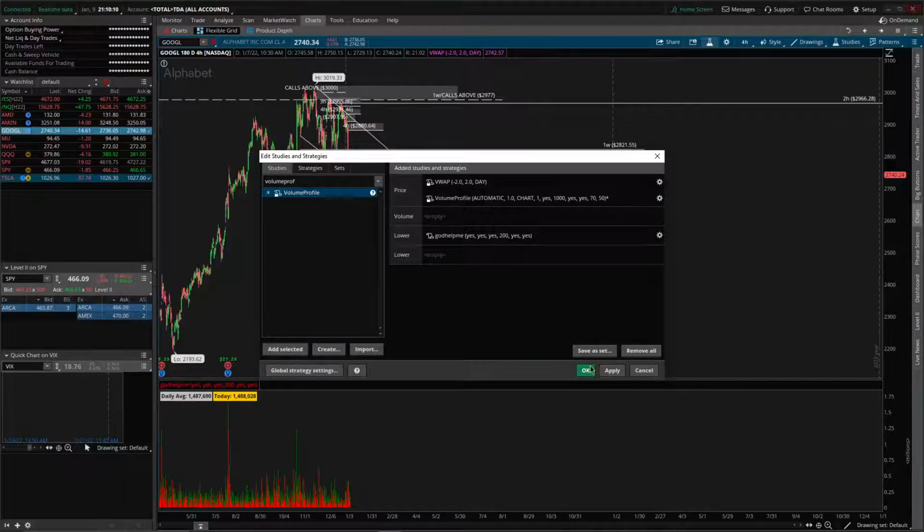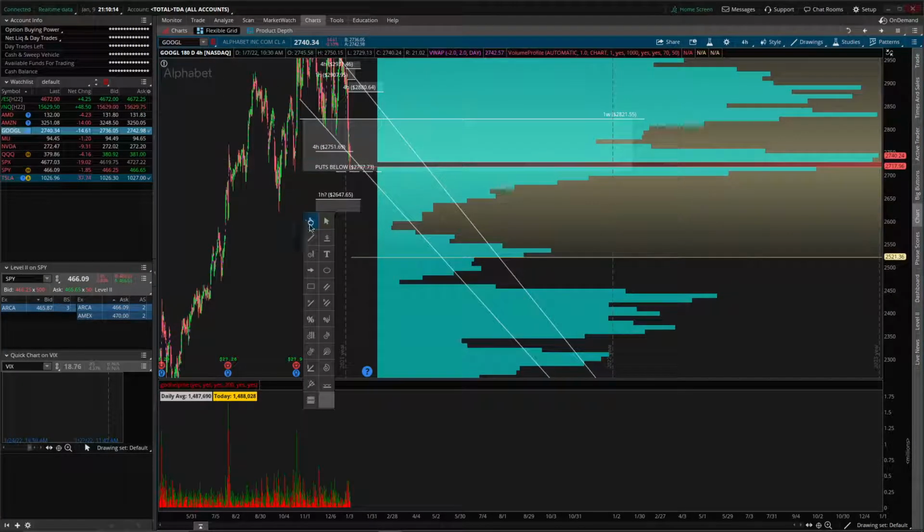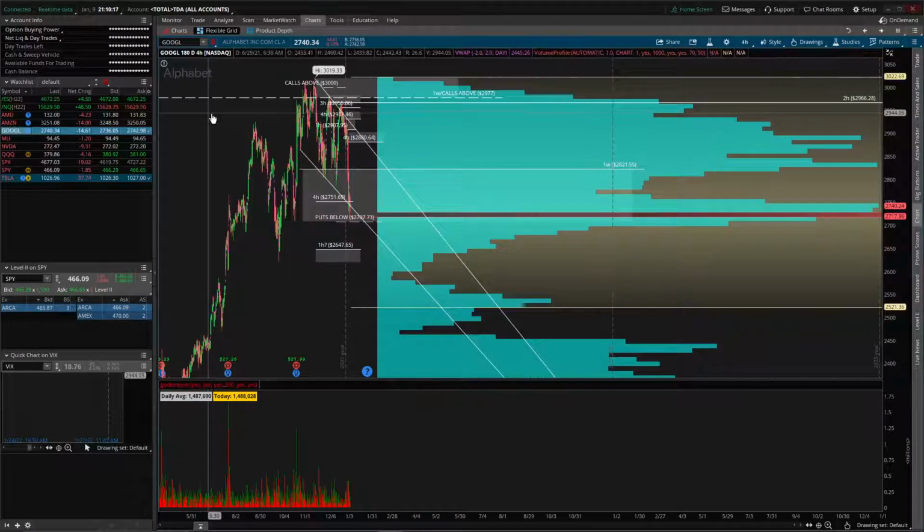So the way I like to use the volume profile is, whenever you have these nodes, for simplicity's sake, let's just call these peaks and valleys.